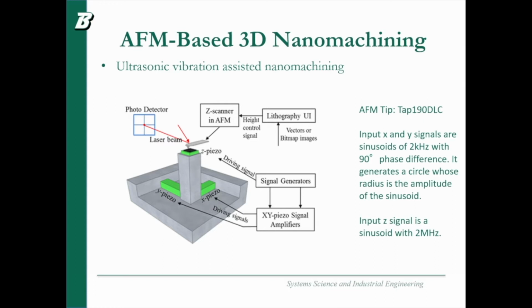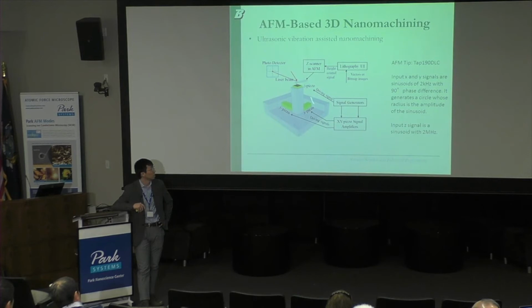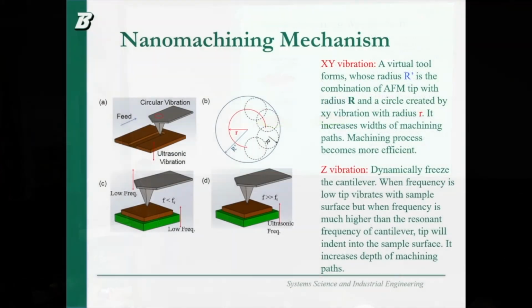Actually, we can tune the frequencies based on the needs. 2 kHz is what we usually use, and then generate circles. And this is the entire setup. The Z signal we use is actually ultrasonic, 2 MHz, directly applied to the Z piezo, so it can vibrate up and down.